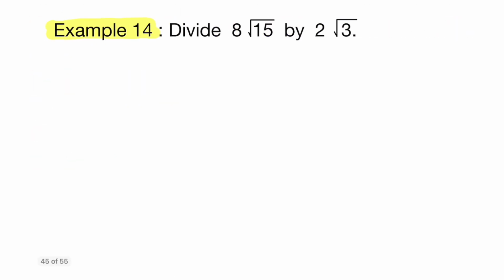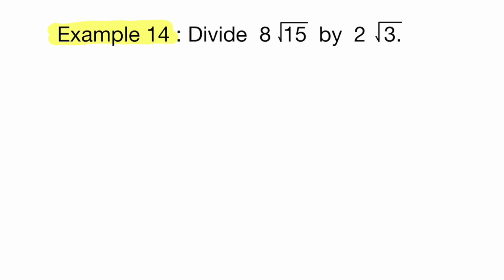Now moving on to the next question, you are supposed to divide two numbers. Okay, so the numbers are 8 root 15 and 2 root 3. Okay, now what I am going to do is that I am going to split this root 15 and express it in terms of root 3.